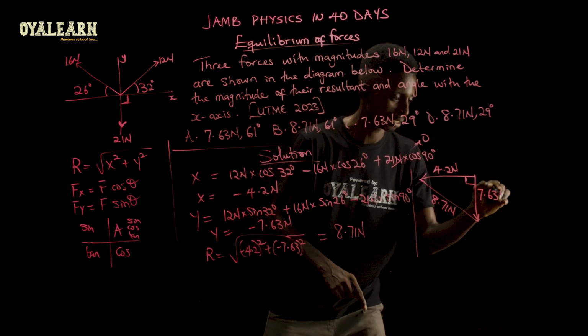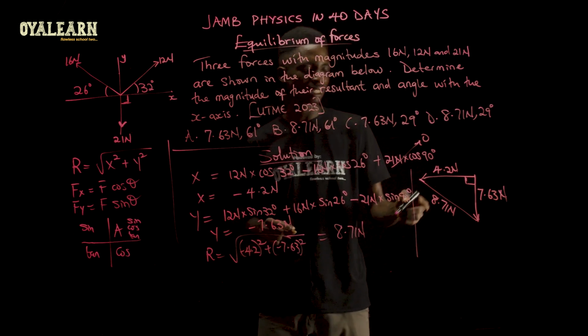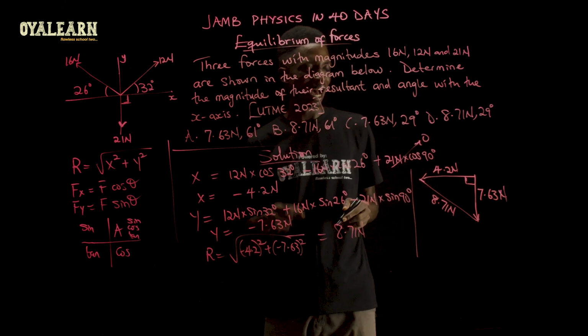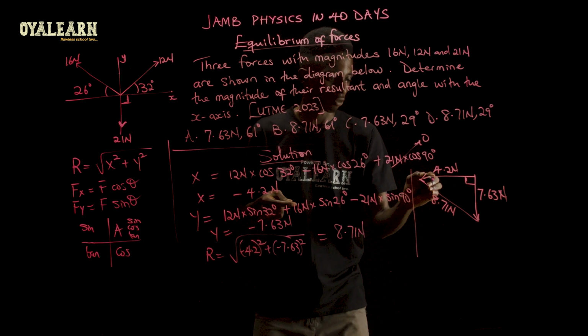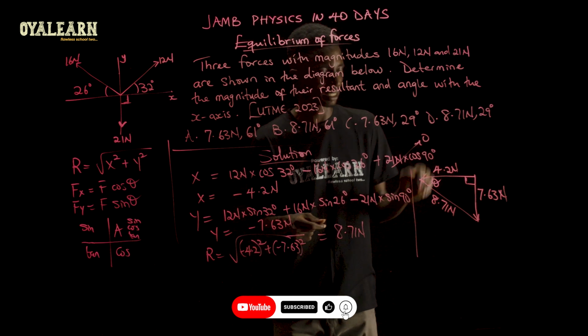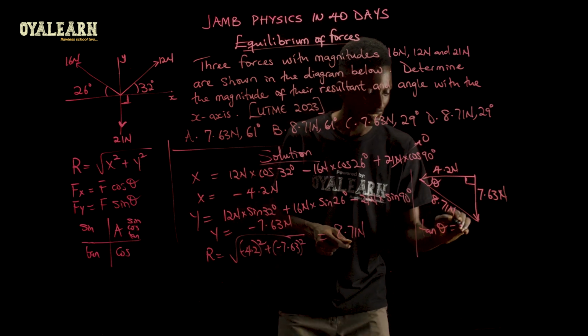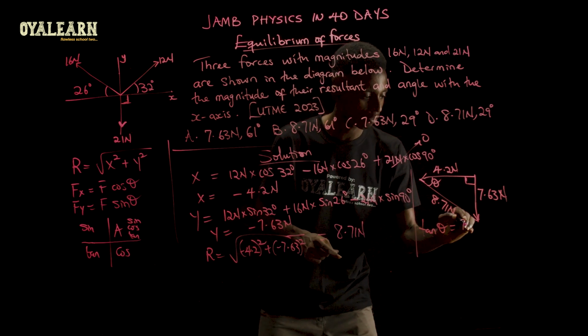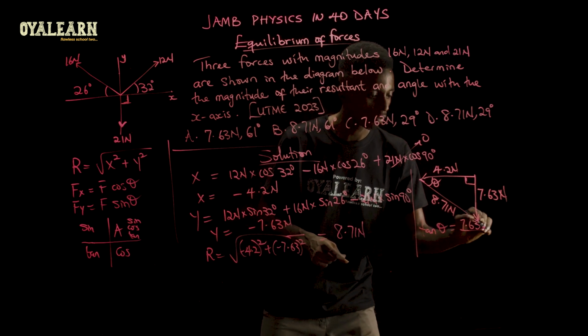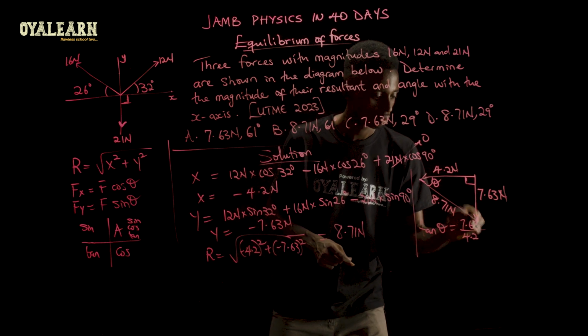Okay, so to find the angle that this makes with the x-axis, right, we just have to find theta. So if this is theta, that is tan theta is going to be the opposite, which is 7.63 over the adjacent 4.2, right?